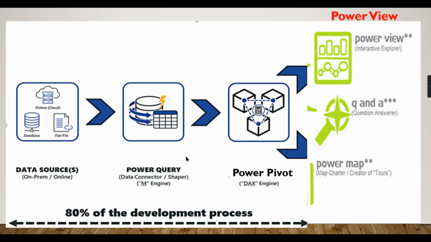To understand where to create a calculated column, watch my Power Query playlist and the complete Power BI tutorials. There you will understand step by step when you need to use Power Query and when you need to use DAX. This is fine. So basically it is ETL. One more thing I want to highlight: whatever query you write here is an M query, and here it is the DAX language you will use, and then you create charts.